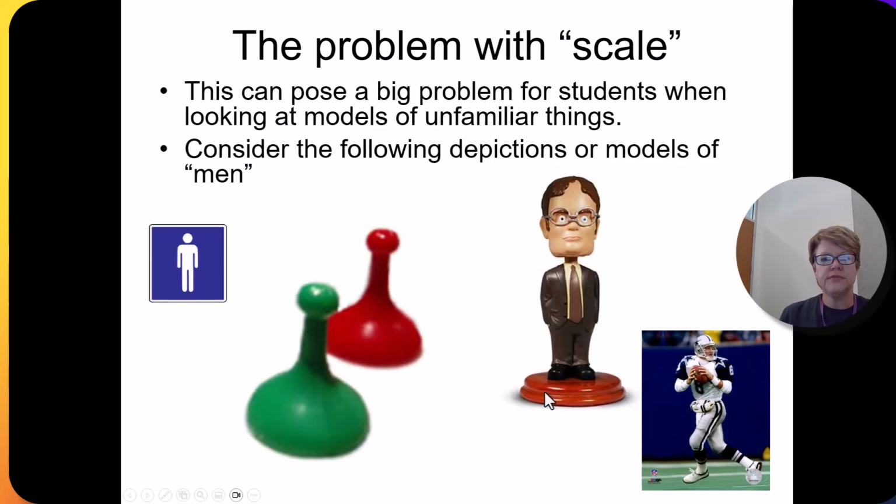The other problem that you might have is with scale. I mentioned when we were looking at the hierarchy of biological organization that atoms are the smallest thing, then molecules are a little bigger, then macromolecules are bigger, and organelles and cells, and things keep getting bigger as you move up the hierarchy. In the pictures that they provided, they scaled all of those items to look about the same size.